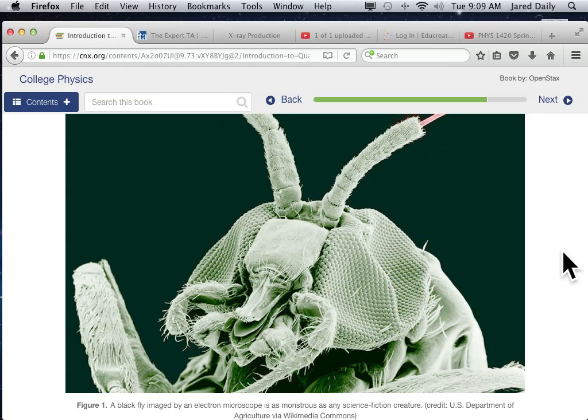But it turns out that electrons and all massive particles, even human beings and planets and everything else, are also wave-like. There is a wave associated with them. It's nothing like an electromagnetic wave, except that it's a wave.